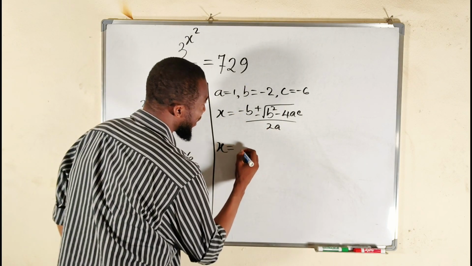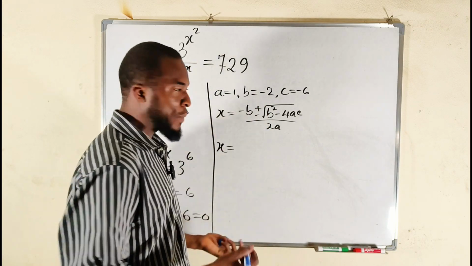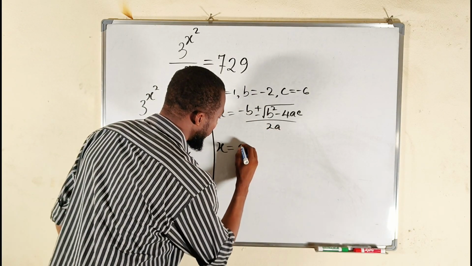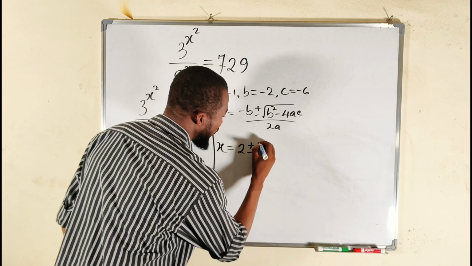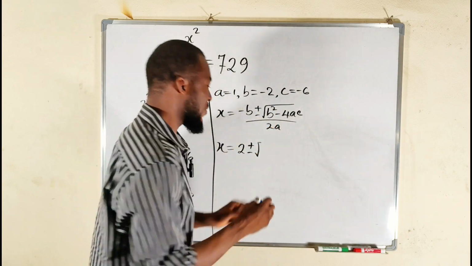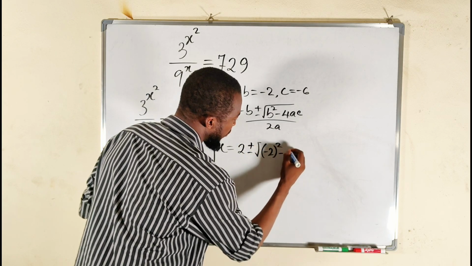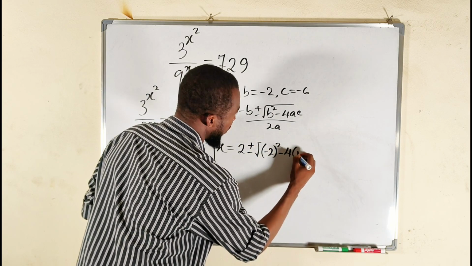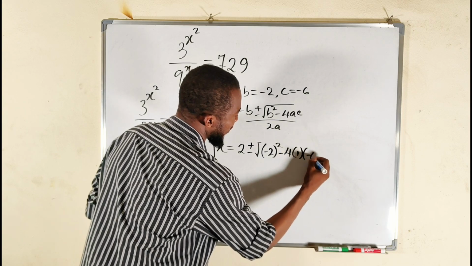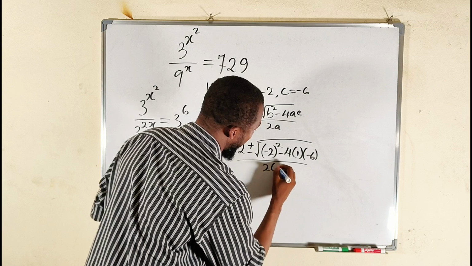X will be equal to minus b. B is already negative 2. Once you negate it, it becomes positive 2. Plus or minus square root of b squared. Okay, let me just write it. We have negative 2 squared minus 4 multiplied by a is 1, c is negative 6, divided by 2 times 1.